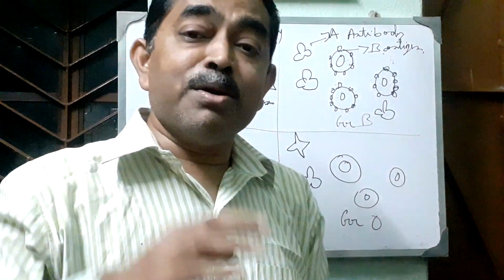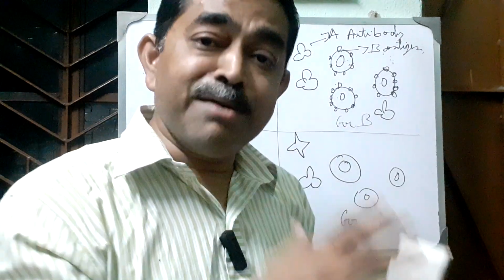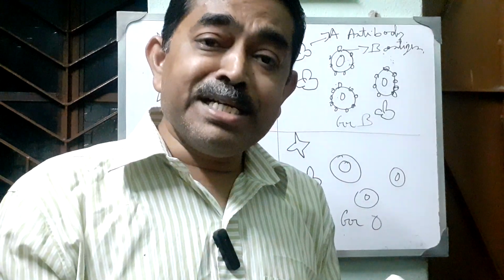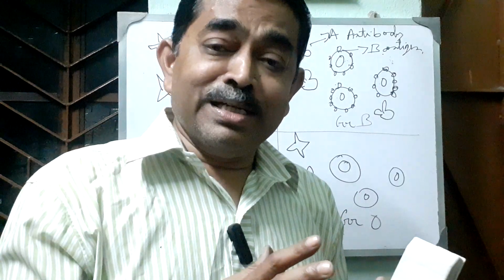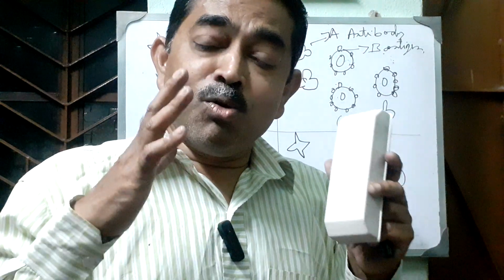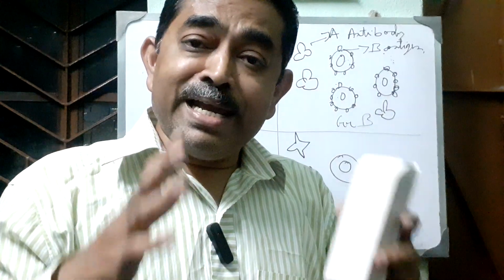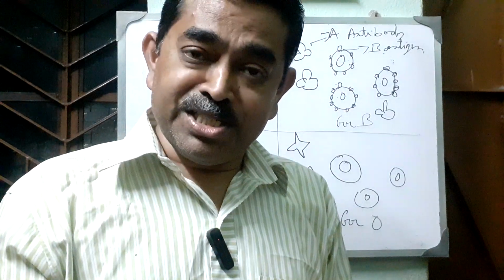A and B antigens are both modified forms of H antigen. A antigen is produced by the enzyme alpha 1,3 N-acetyl galactosaminyl transferase.